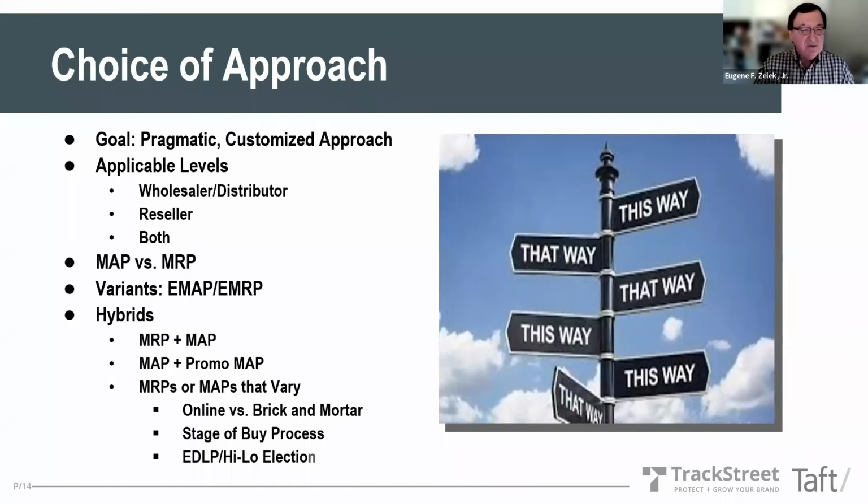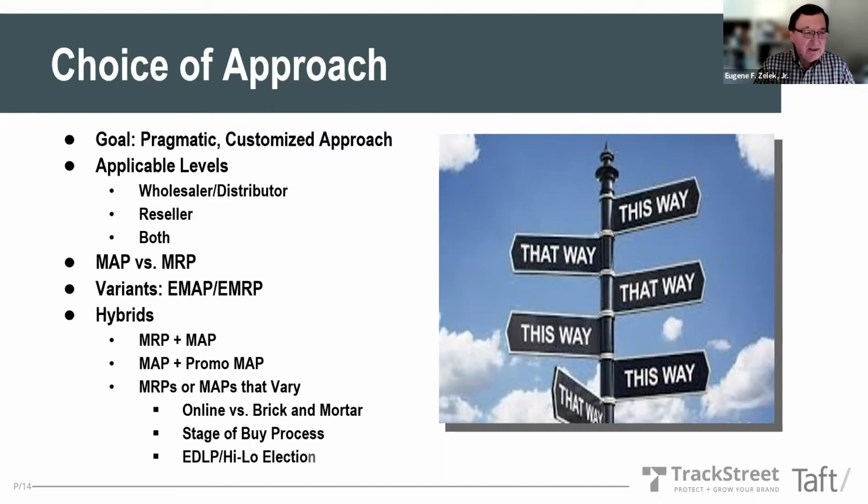And the goal was things would start with MRP, and then over a period of time, they might move to MAP and then ultimately not be protected. We have a client in the household products area that liked MAP and promo MAP. And so we set up a MAP policy, but we said at certain times of the year on the following products, not necessarily all the products covered, there could be promo MAP, which was a discount off of that, but it could only be offered at particular times and only for a certain period. Actually, as I think about it, we've done that for at least 2 clients in that area.